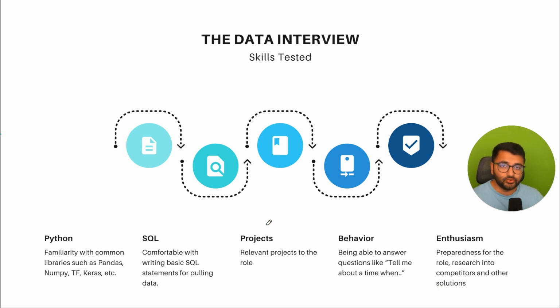That would go over really well. You don't need to have this, but if you have some enthusiasm for the role, where you're talking about similar problems that you encountered, or you're speaking to the type of problems that they would encounter within that industry, that's always going to be a plus. And that's pretty much it for the overall data interview process.